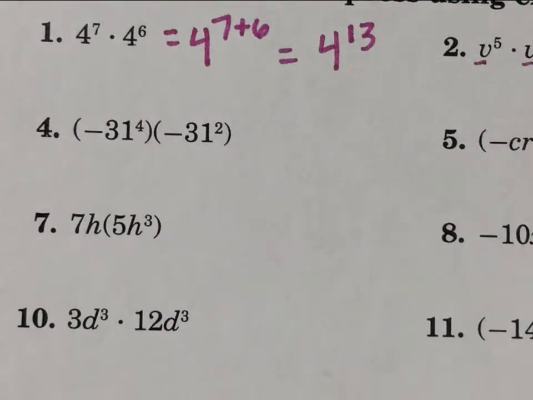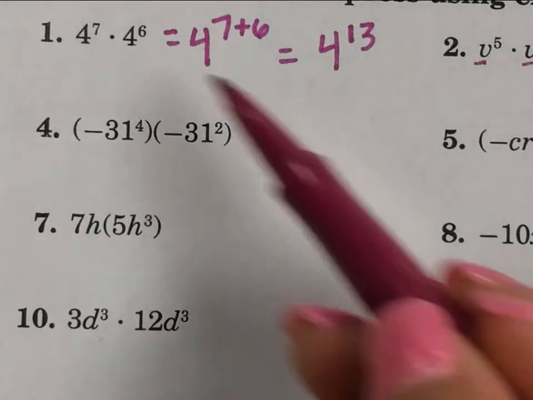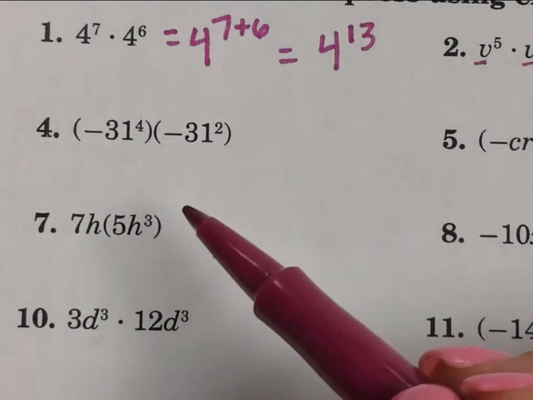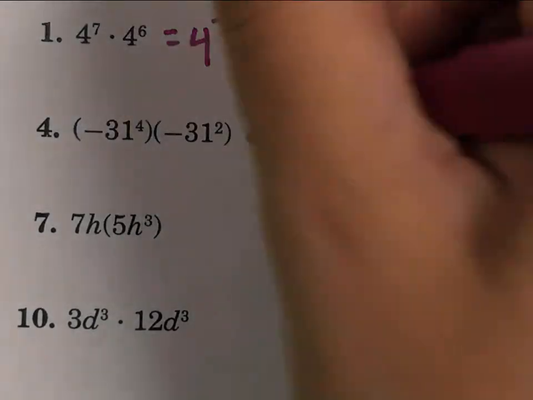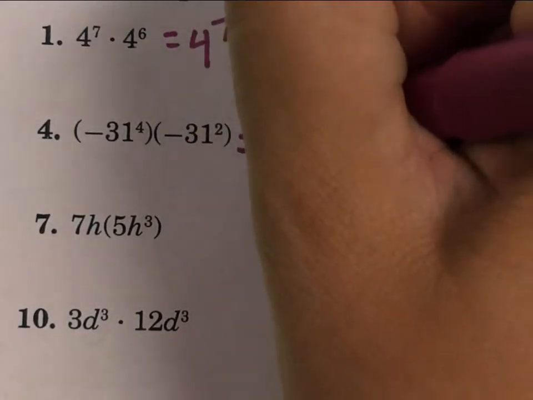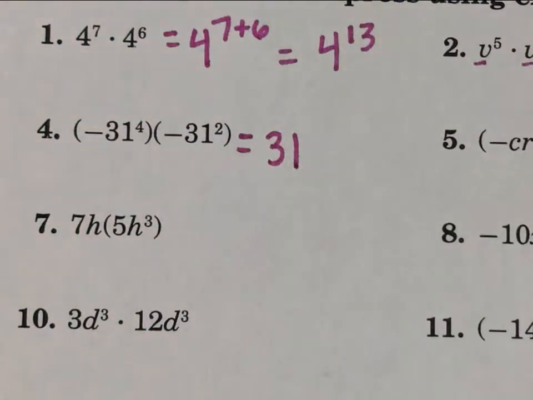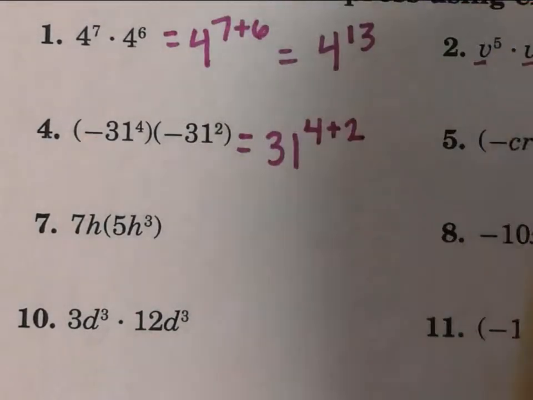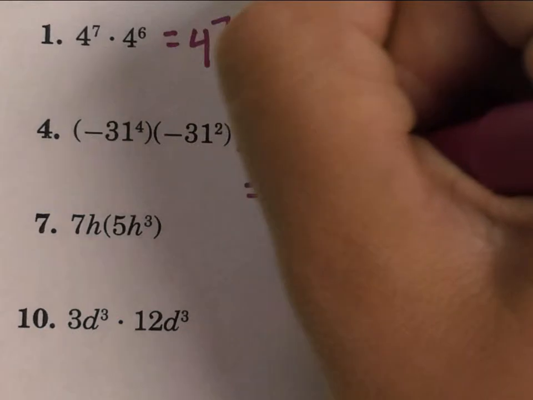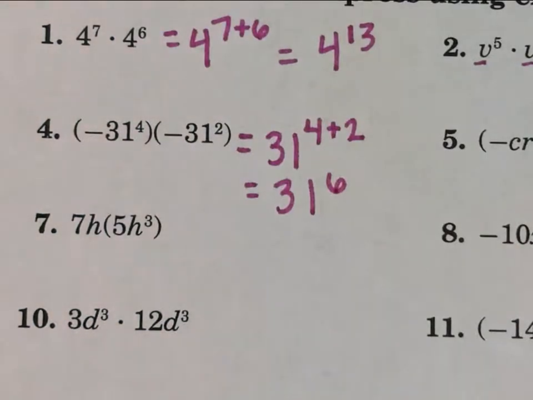It would give me a positive 1, right? So I'm going to change this whole thing to a positive 31 to whatever power, because two negatives make a positive. And since they're the same base, I can add those exponents, right? So I should get 31 to the 6th power.